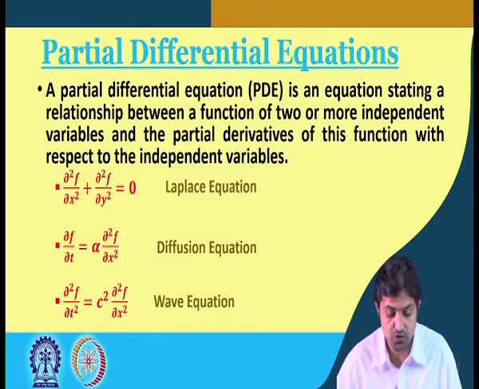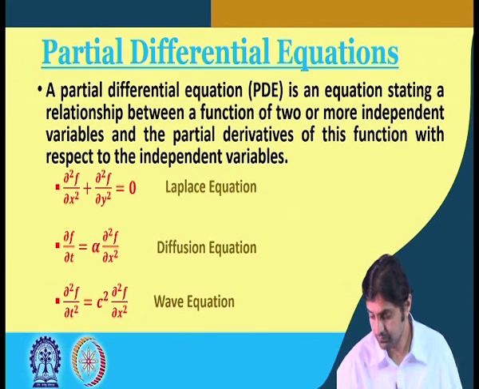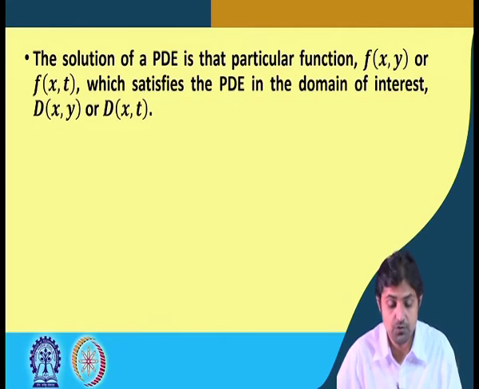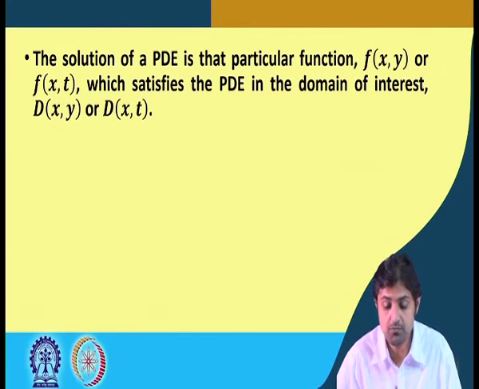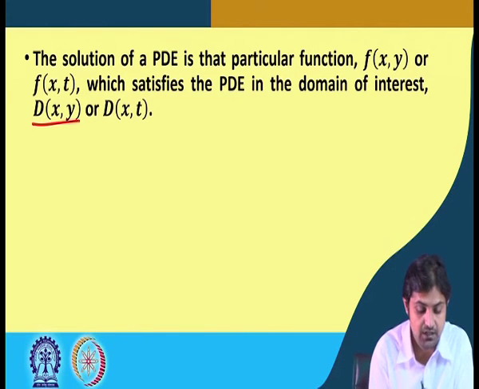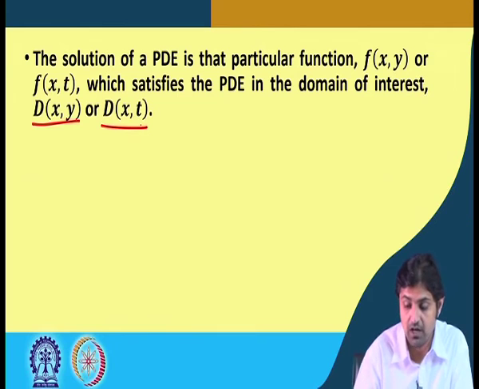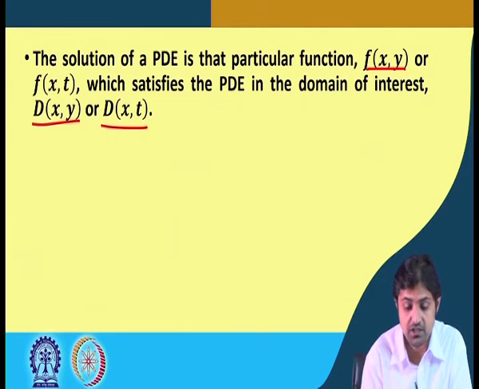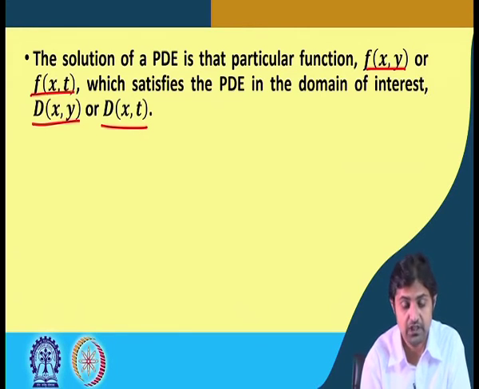So these are the 3 most common types of equations in partial differential equations that we know. The solution of the partial differential equation is that particular function f(x, y) or f(x, t) which satisfies the partial differential equation in the domain of interest. The domain is given by D(x, y) or D(x, t). f(x, y) is when the function is based only on x and y, f(x, t) when it is dependent only on x and t.